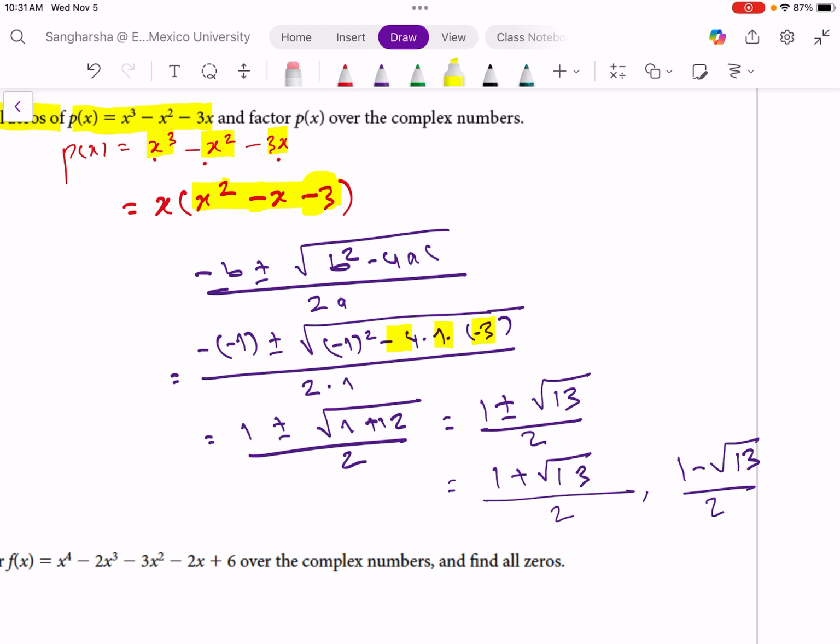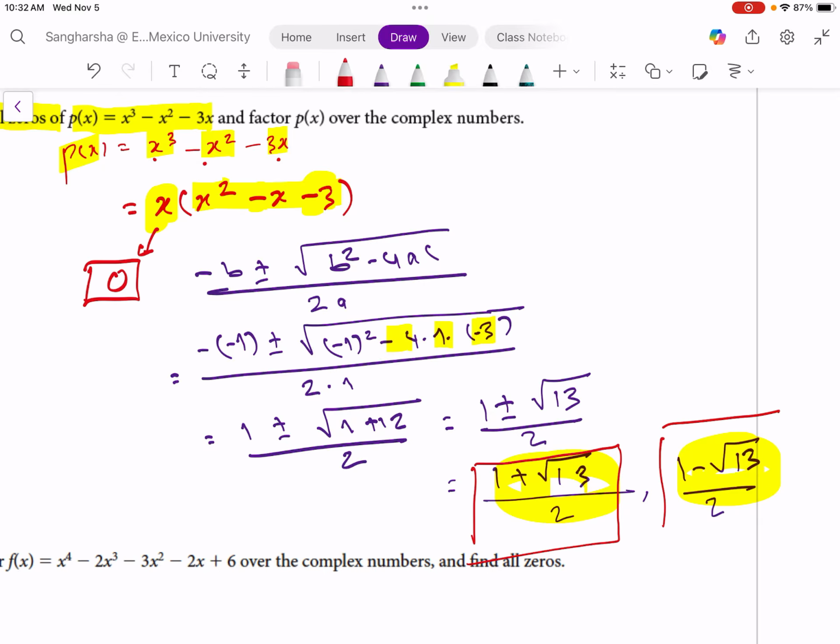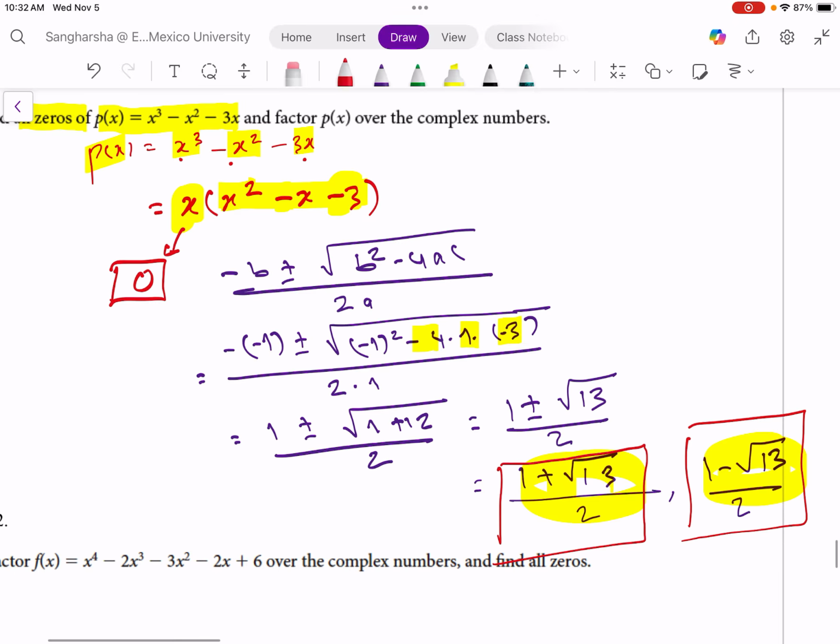So these are the two other numbers, or real zeros, for our p of x. And we have one more real zero. For what x value is this factor 0, right? So we have 0 as one real zero, this number as the second real zero, and this number as the next real zero.